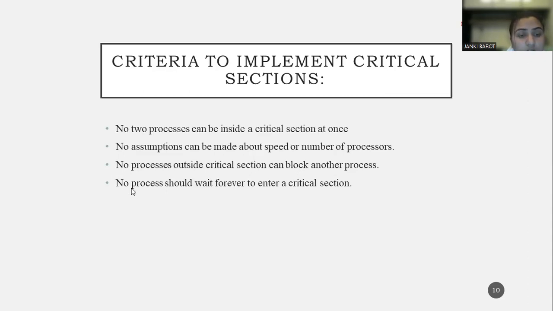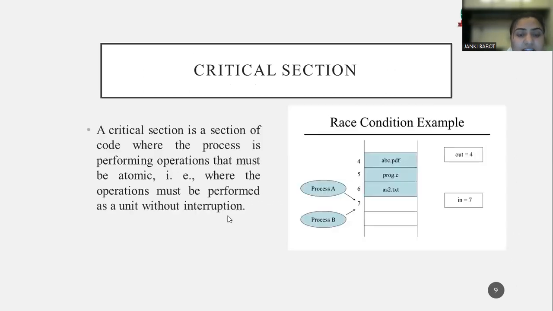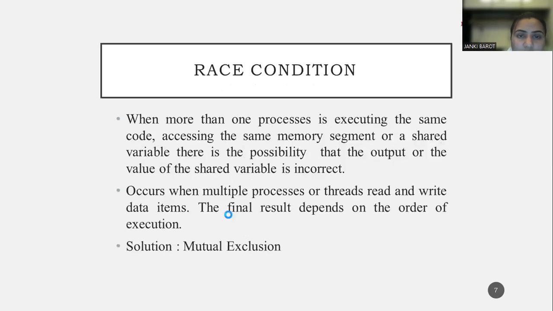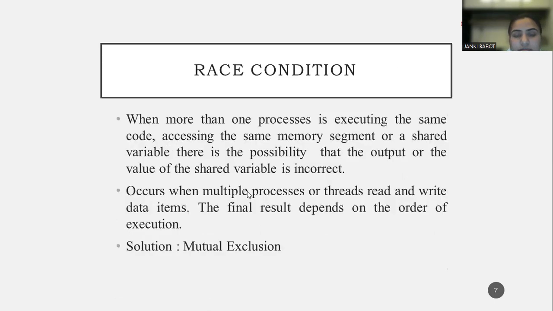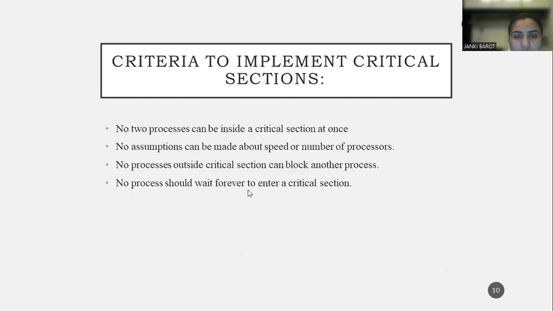So no process should wait forever to enter a critical section. What does it mean? That starvation will not be allowed, right? This means the process will wait forever, for infinite time, right?